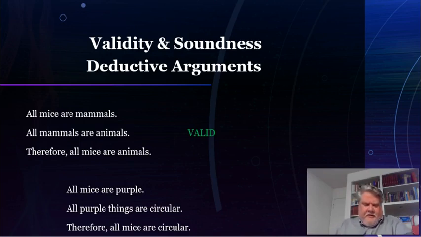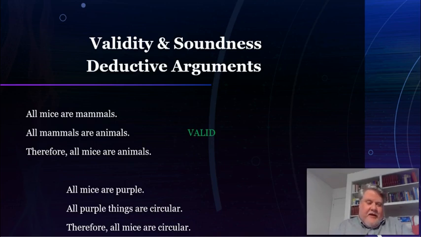Again, when we're talking about validity, we're not saying that the premises are true. We're not saying that the conclusion is true. We're saying that it is set up in such a way that if the premises are true, then the conclusion must also be true. So this can be confusing for students who are new to logic, but remind yourself that validity has to do with the structure of an argument, not with its content.